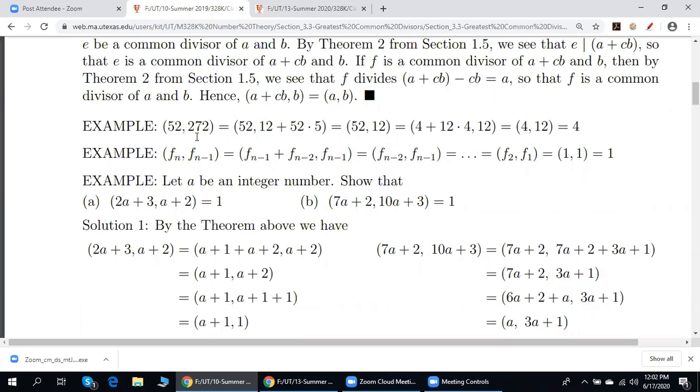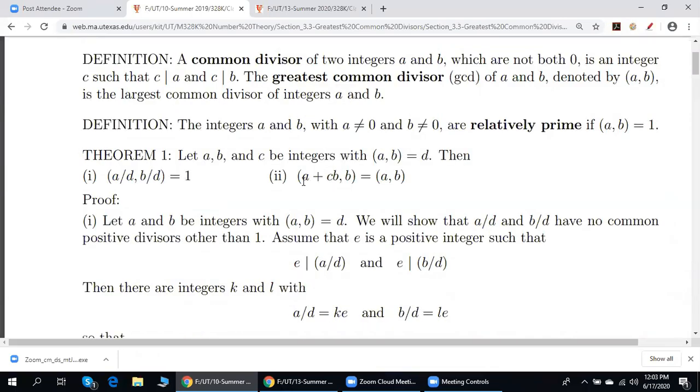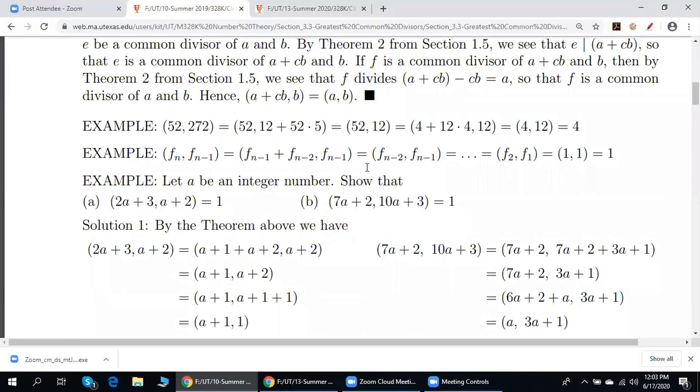One way to do it is to find all positive divisors of 52, then find all positive divisors of 272, and then find the biggest common divisor. But this is a pretty laborious process. Instead, let us use this formula. Here is how we use it.